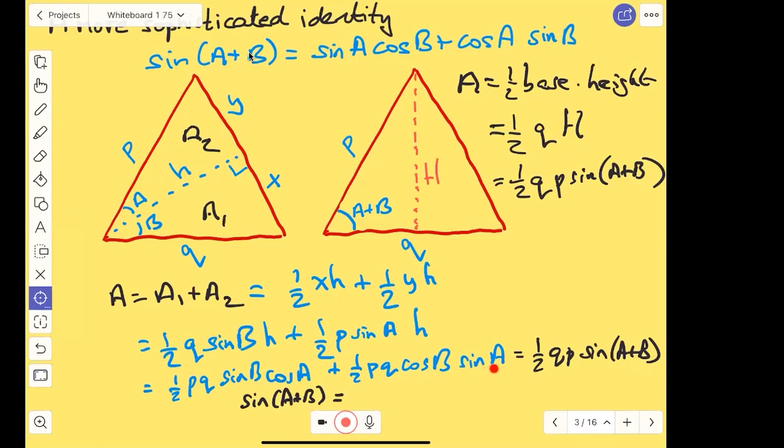I have the term with sine of A first times the cosine of B. And then from this term, I'll write the cosine of A times the sine of B.